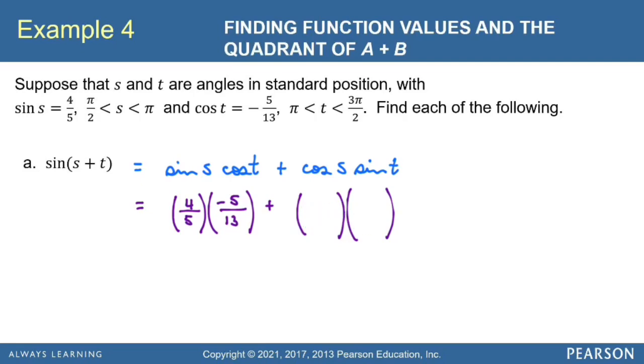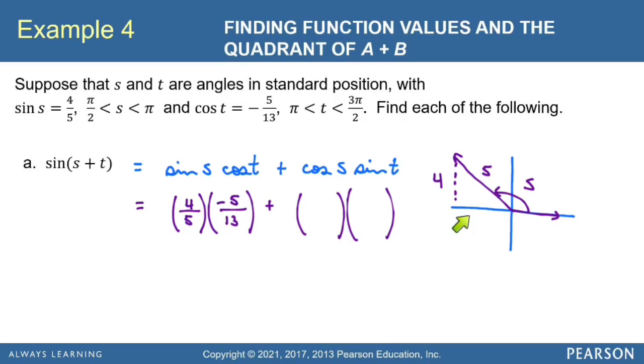So let's start with angle S. We were told that angle S is between pi over 2 and pi radians. That makes it a quadrant 2 angle. So I'll draw myself a quadrant 2 angle for angle S. And if I close up the triangle, I know that if sine of S is 4 over 5, then the vertical side of my triangle is 4 and the hypotenuse is 5.